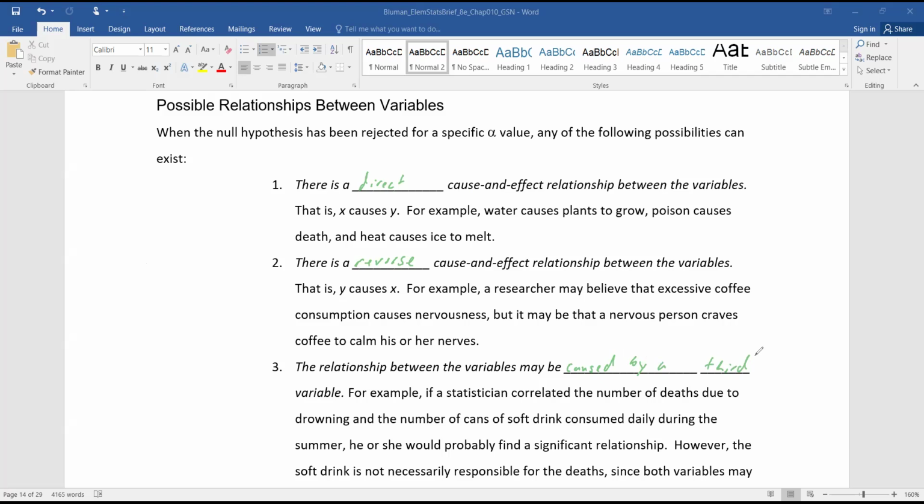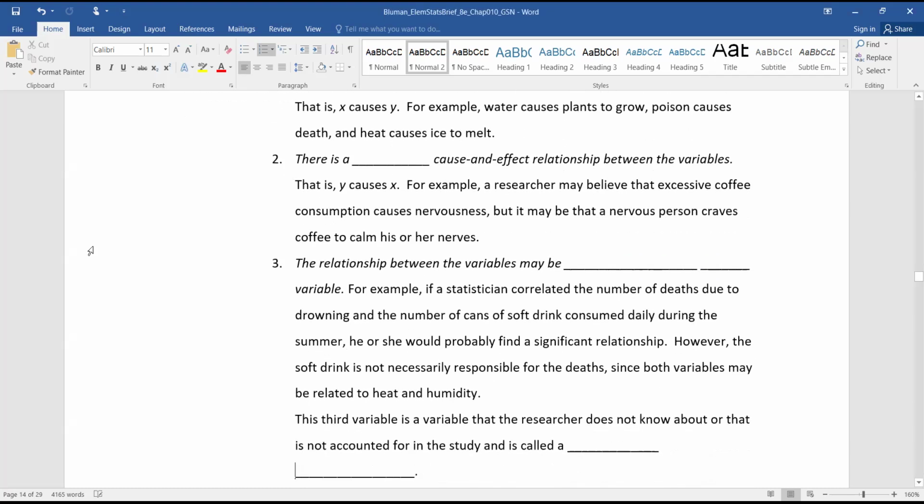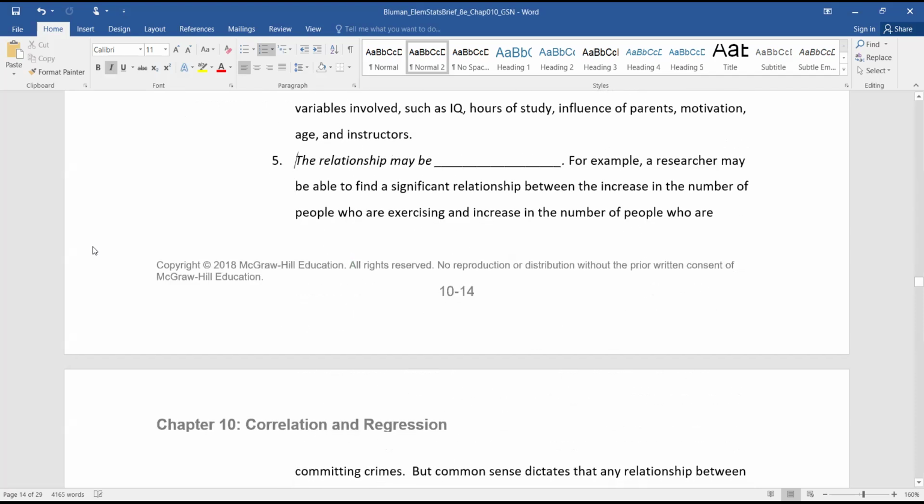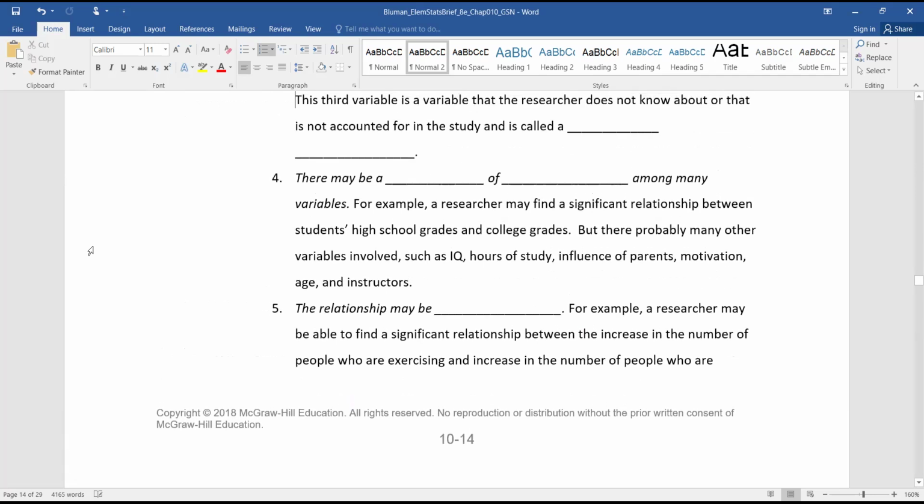However, the soft drink is not necessarily responsible for the death, since both variables may be related to heat and humidity. This third variable is a variable that researchers do not know about or that is not accounted for in a study and is actually called a lurking variable. I guess I kind of wrote it there.